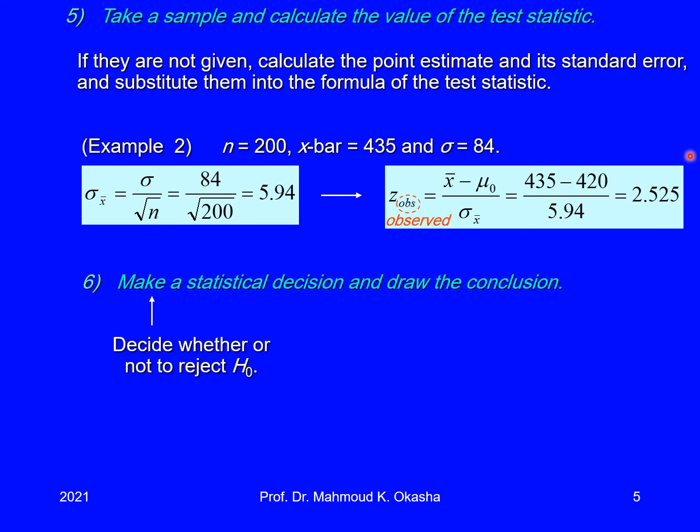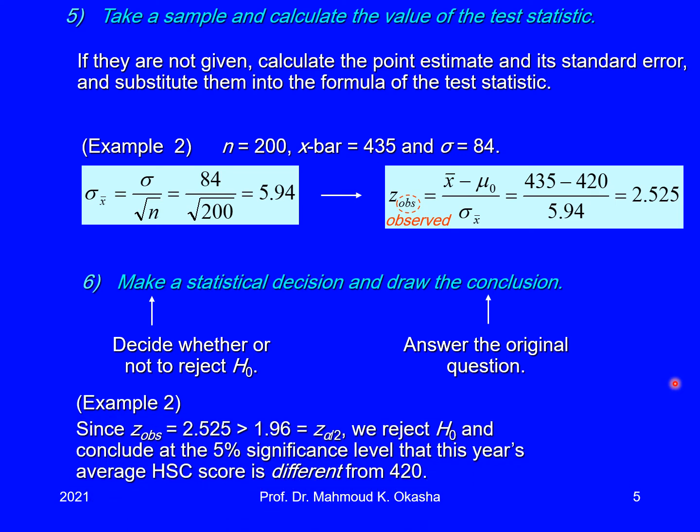We make the statistical decision by deciding whether or not to reject the null hypothesis and answer the original question. That's the conclusion. Actually, that's the last step.